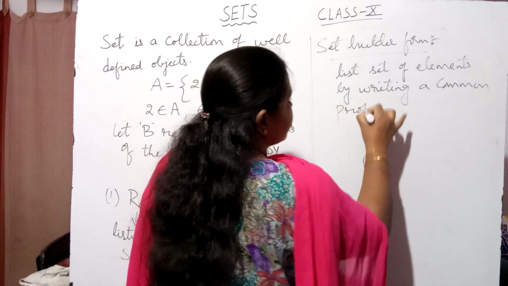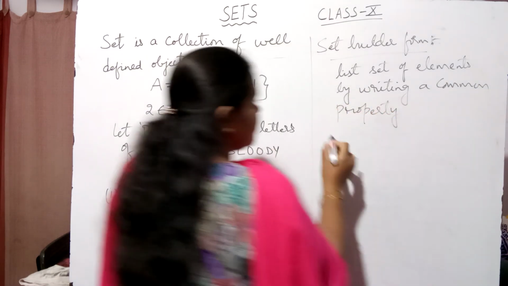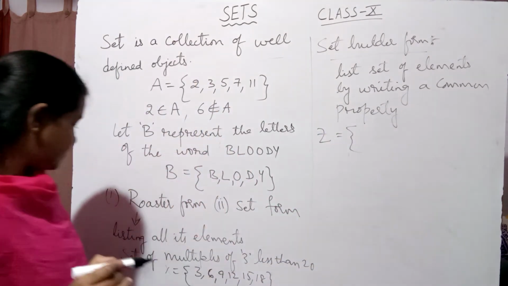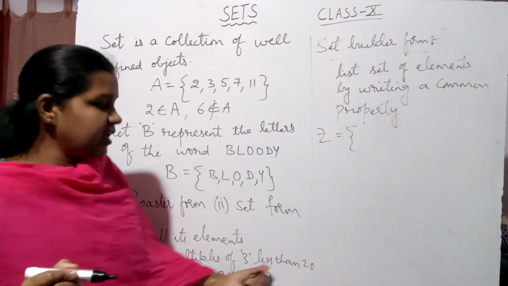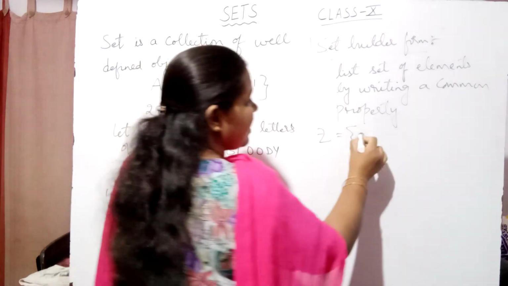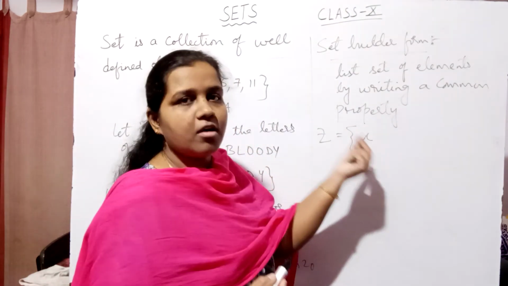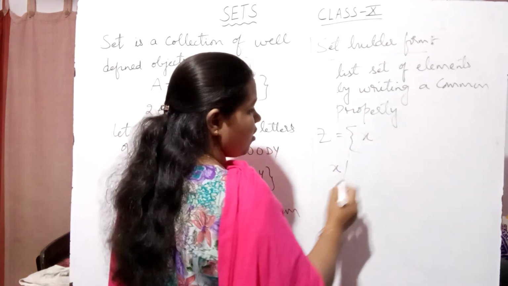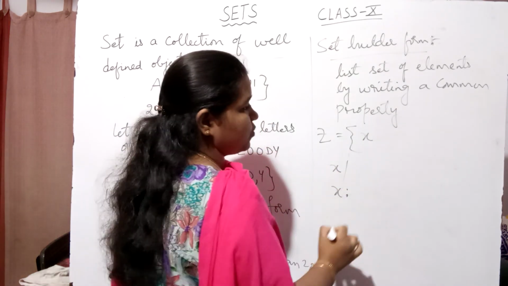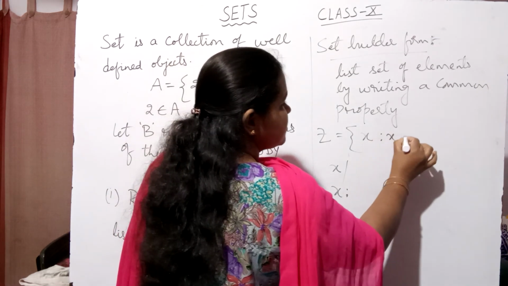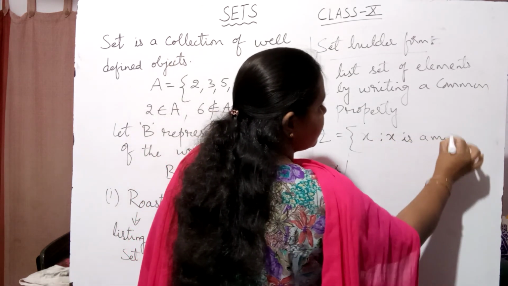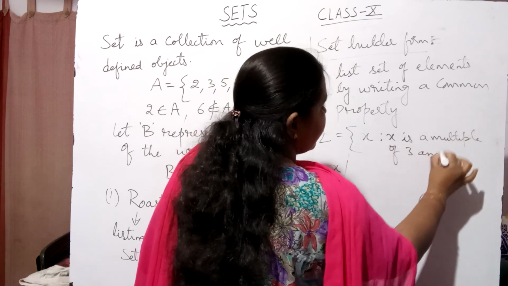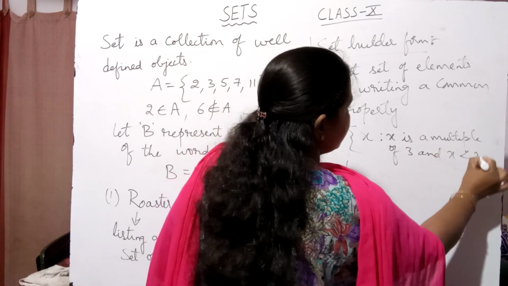For example, if you want to write Z as the set of elements which are multiples of 3 and less than 20, we write it as X such that X is a multiple of 3 and X is less than 20.